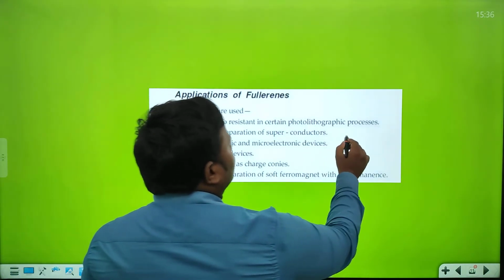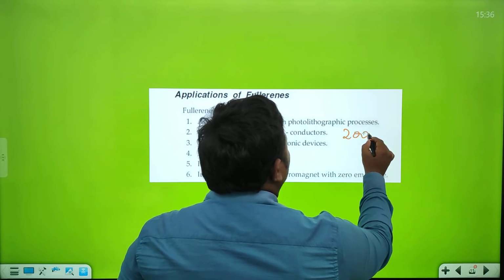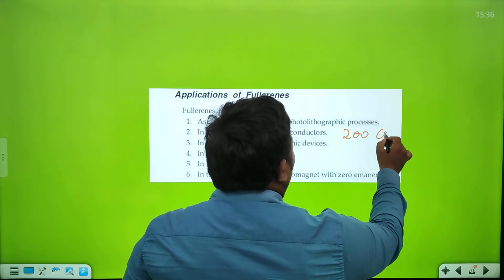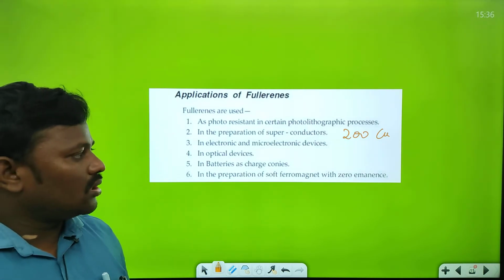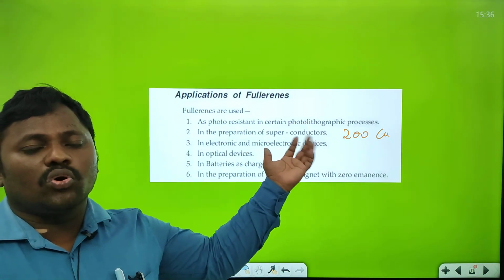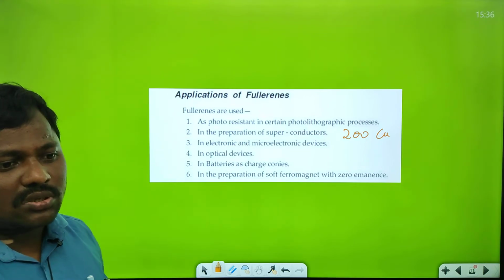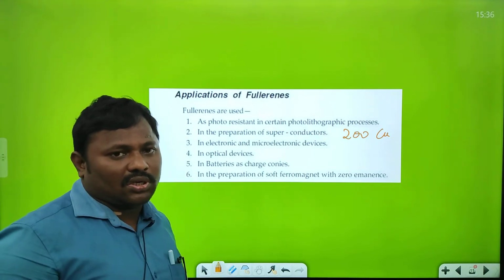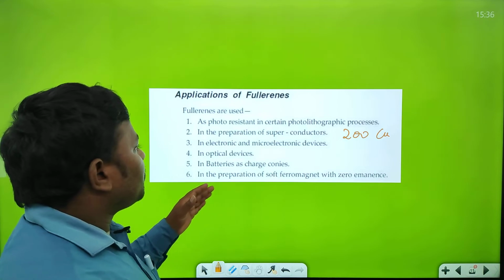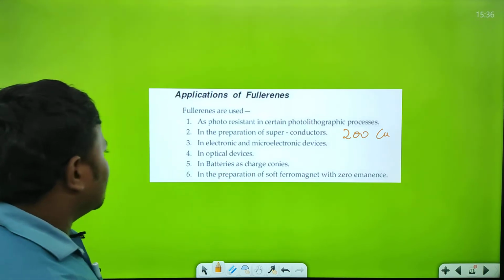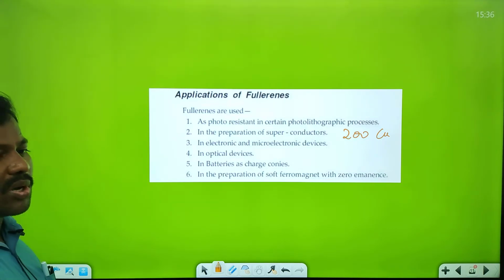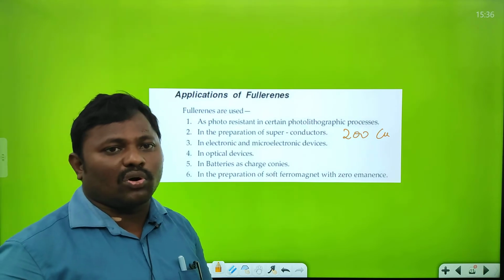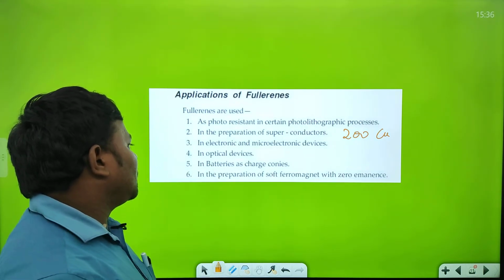Because it has 200 times more conductivity compared to copper. So graphite or Buckminster fullerene, that's why it is used for the preparation of superconductors in electronics and microelectronic devices, like breadboard preparation devices.